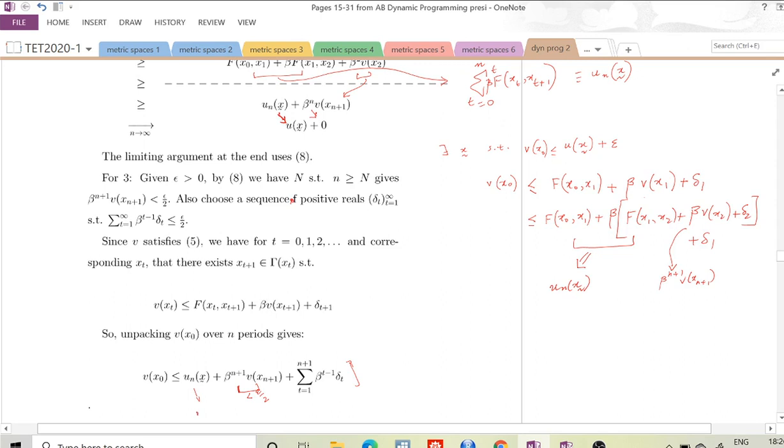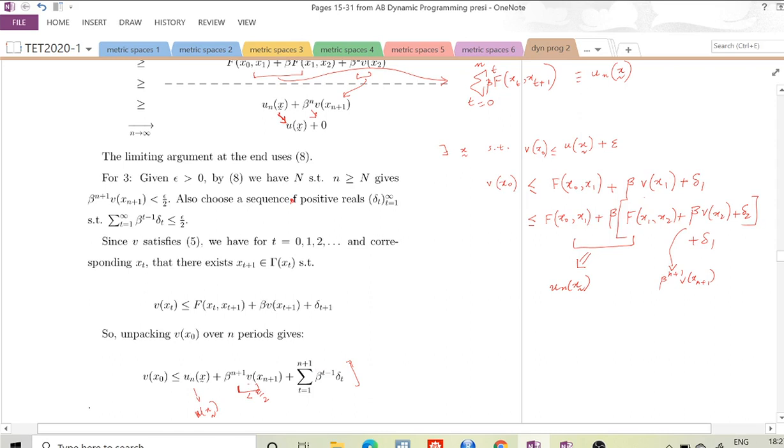Well, this goes to u of x tilde, where notice that at each step we're finding a feasible x1, then feasible x2, etc., so that the resulting f plus beta v term is as close as we want, delta close, to the v of xt's. Okay, fine. So then by definition the limit of these partial sums is this discounted present value from 0 to infinity, right?